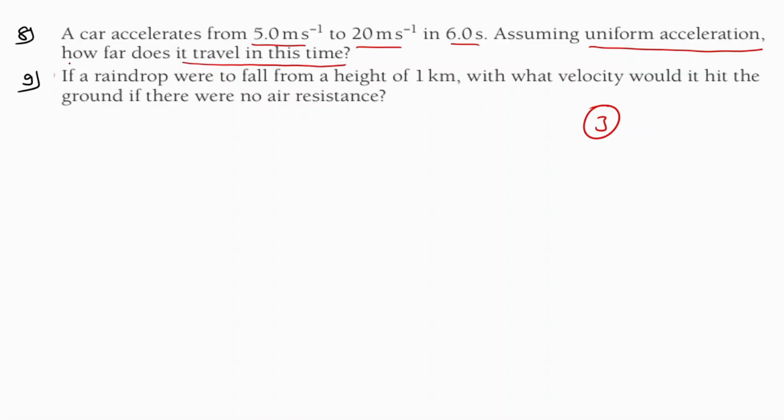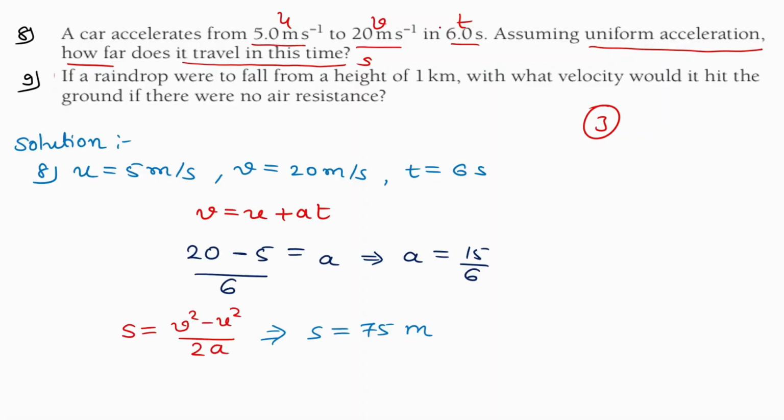We need to find s. We have got u, v, t. So which equation are we using? Try to recall it, use it, get the answer, and try to match it with my answer. So the solution: I write here u, v, t. First, I use this equation.